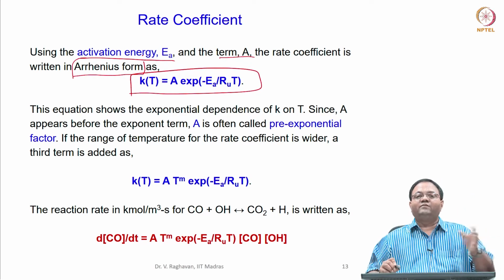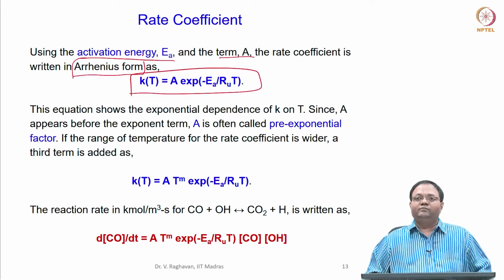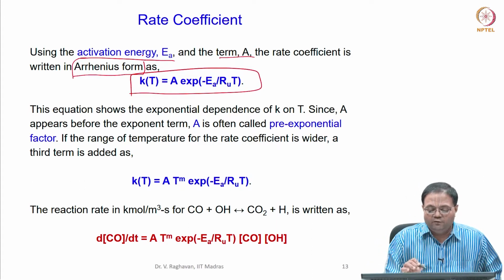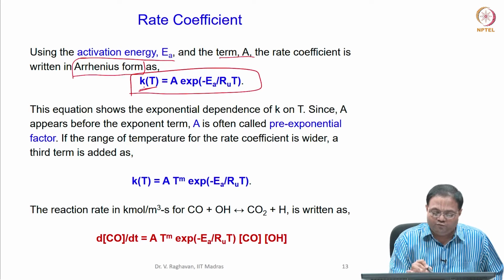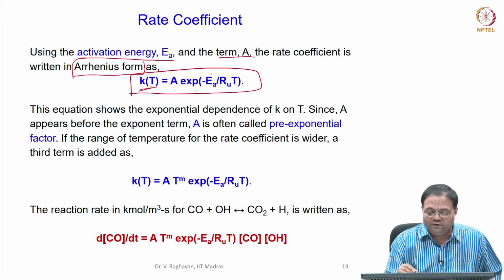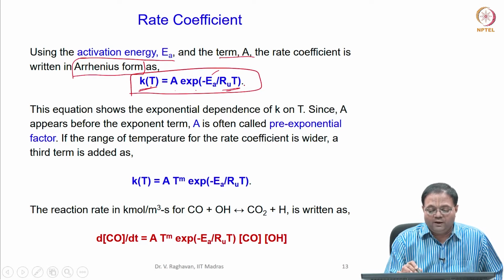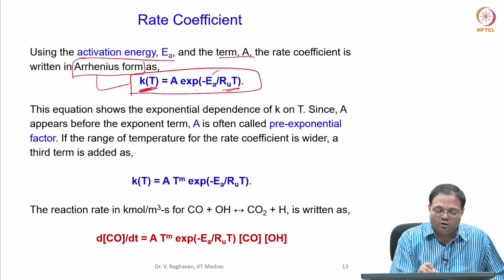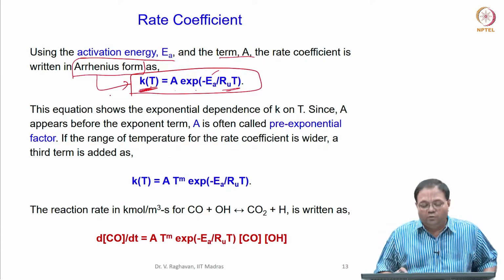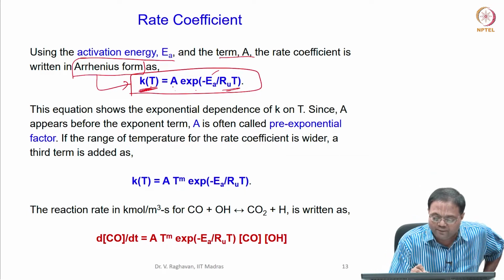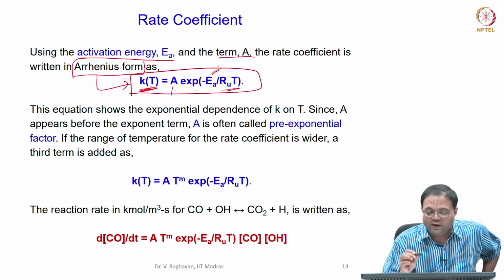Arrhenius, say Arrhenius, Van 't Hoff, who told about these factors, no. So, Arrhenius form is nothing but when you write the reaction rate coefficient K, which is a strong function of temperature, as A times exponent of minus activation energy divided by R_u T. So, you can see that if you write the rate coefficient in this form, then this form is called Arrhenius form. This Arrhenius form is very famous. So, there are two factors in this, one is the A and another one is E_A, activation energy.